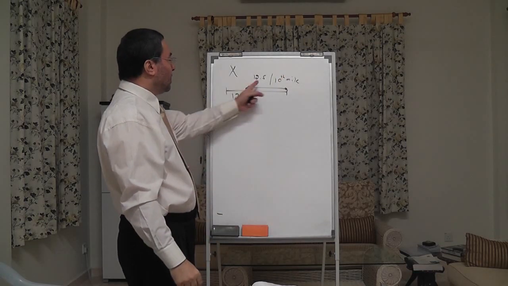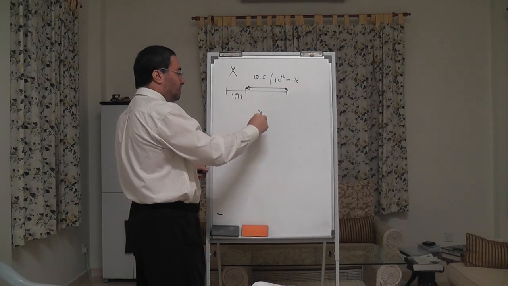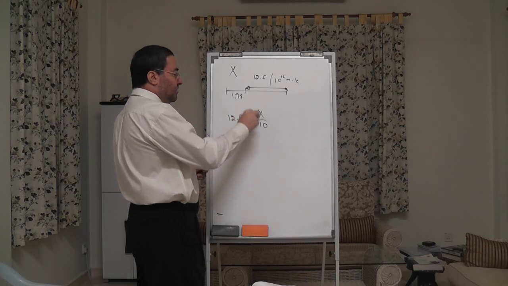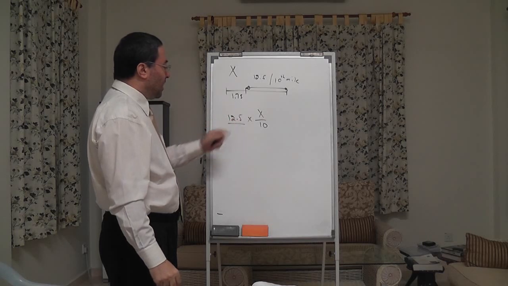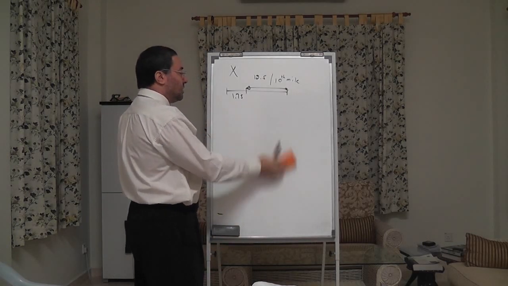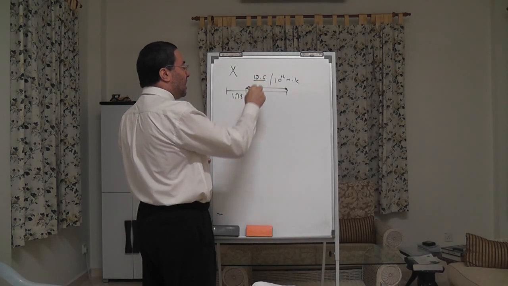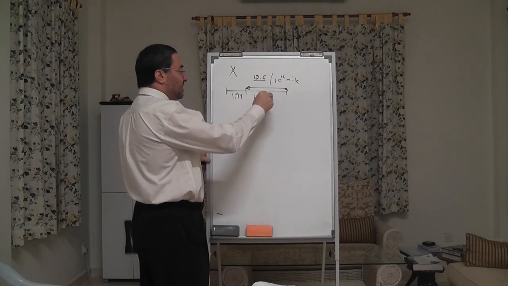Here, in order to get the charge for this, we can divide this by 10 and then multiply by 12.5, because every tenth is charged 12.5 cents. However, what we can do is get the charge for 1 mile by multiplying this by 10. So the charge for 1 mile is 125 cents.